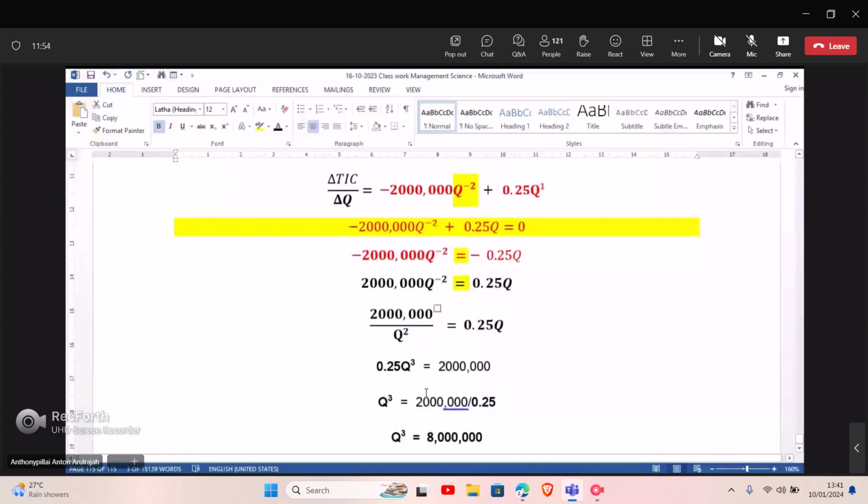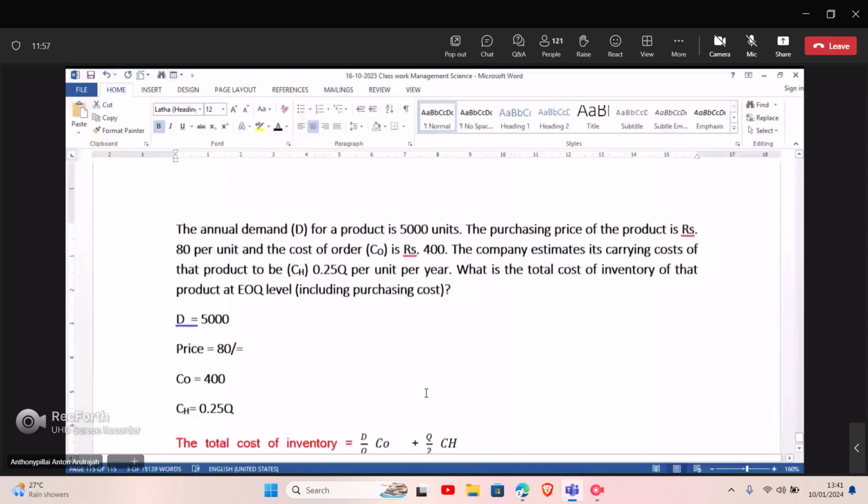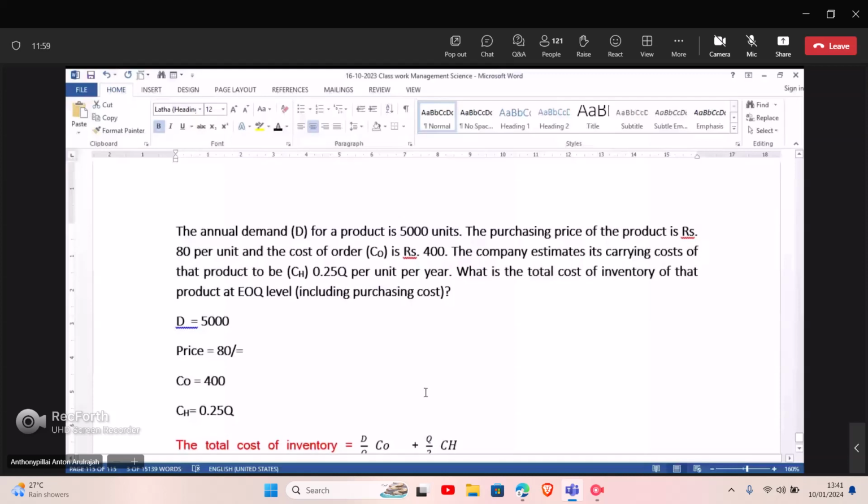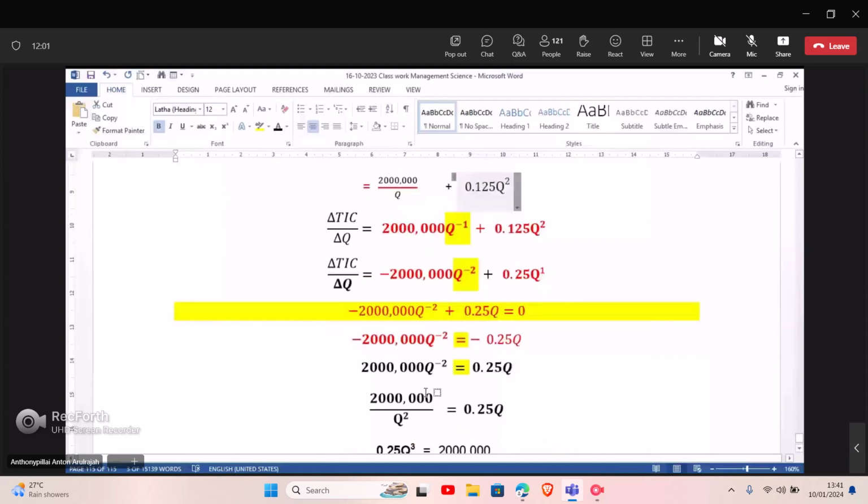Total inventory cost. It is better to take a table format and go to the calculation.